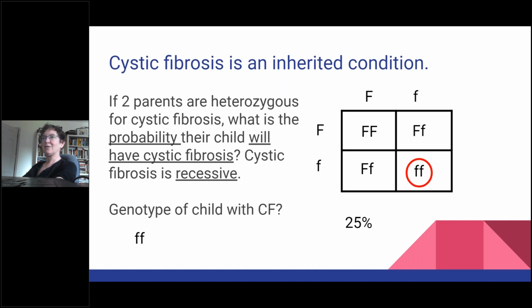Is there any way to mitigate the disease? Like for brittle bones, can you increase your vitamin D? Can you increase your calcium? It depends on how severe a version of it you have. Yeah, so some versions are more treatable than others in that regard.